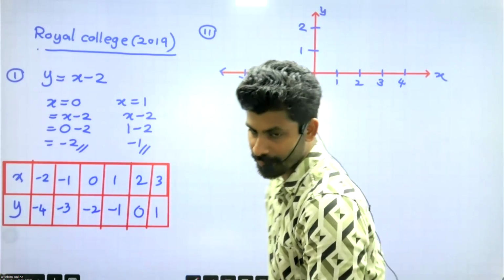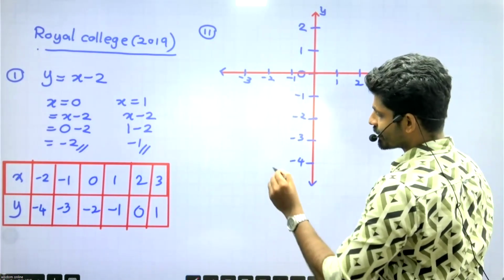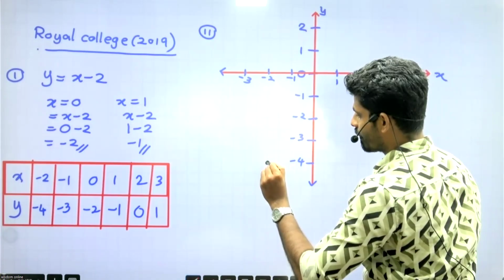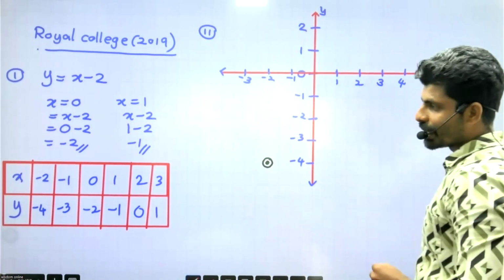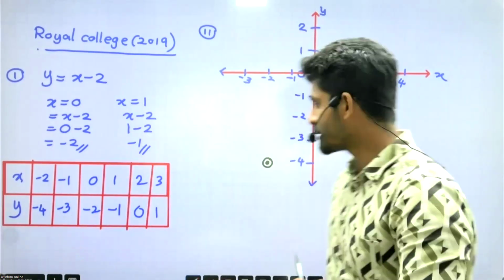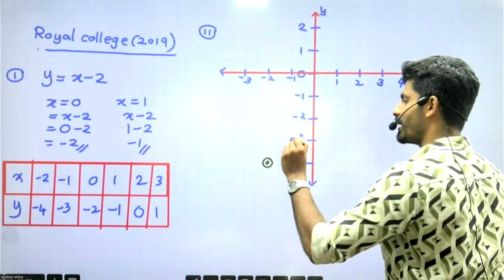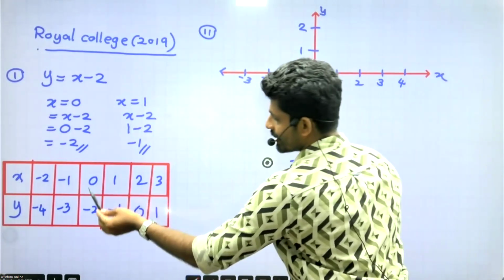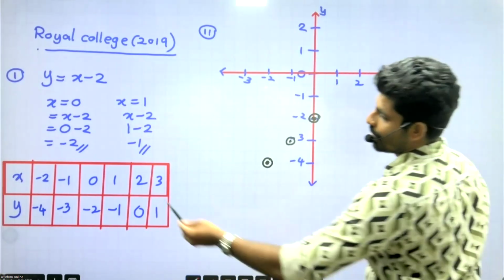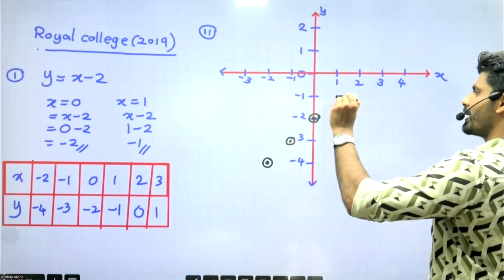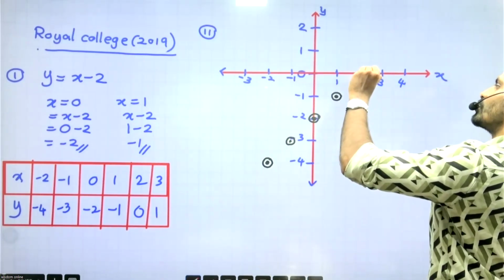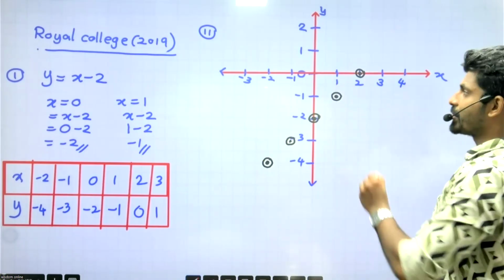Minus 1 to minus 3. 0 to minus 2. 1 to minus 1. 2 to 0. 3 to 1.